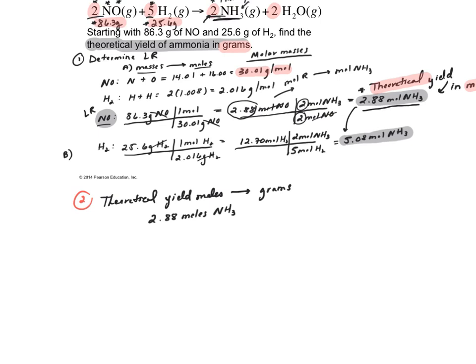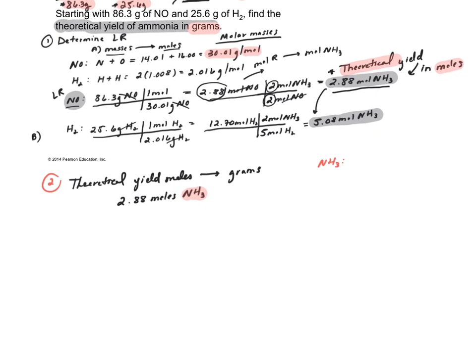So we need specifically the molar mass of ammonia. And so to do that, we'll say ammonia here. We know it's a nitrogen, and we look up the atomic mass of nitrogen on the periodic table. It's 14.01. It is 3 hydrogens, and each hydrogen is 1.008. So we add all of these guys up, we get a molar mass of 17.034 grams per mole.